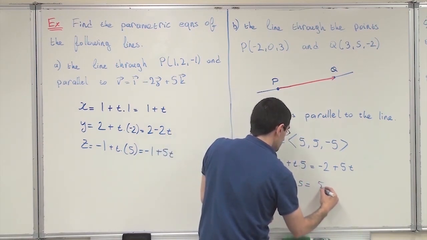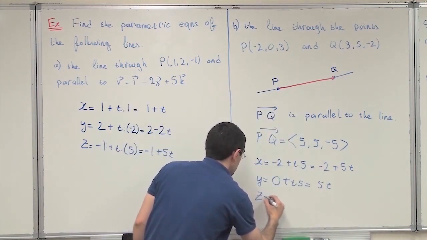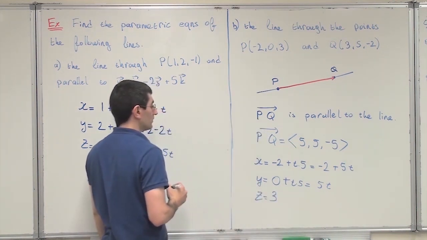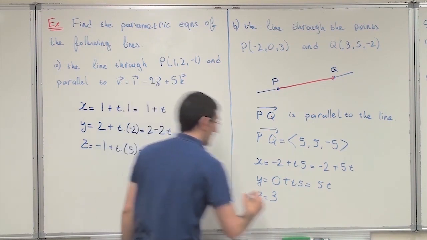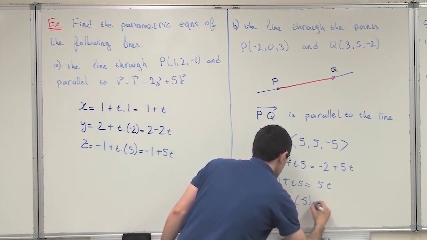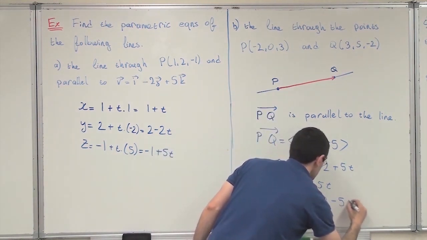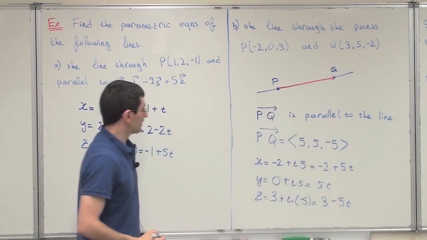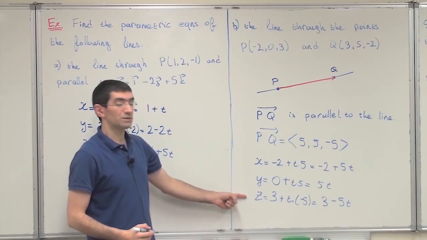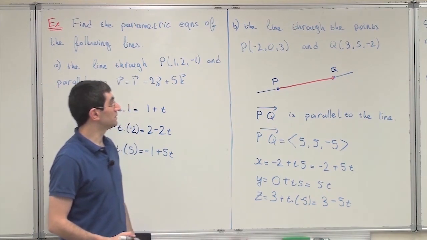So, in other words, it's just 5t. And finally, the equation of z is the z component of the point, 3, plus t times negative 5, which gives us 3 minus 5t. So, those are the three equations which represent our line that we know passes through the points P and Q.